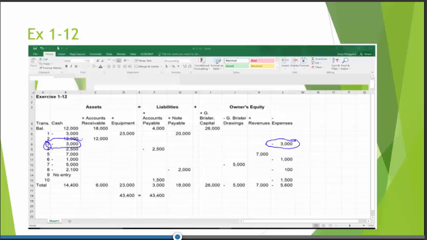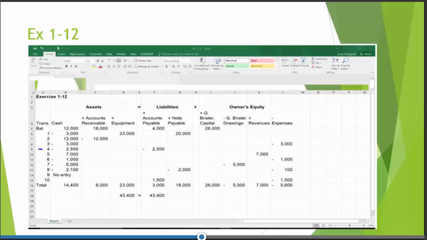It's an outflow, an economic benefit leaving the organization. In order to run the business, I needed a place to have office space, so it's an expense. So that would be rent there. We subtract the expense of $3,000 on the one side, and then we subtract $3,000 cash on the other.